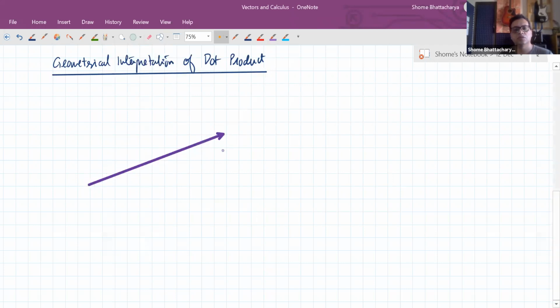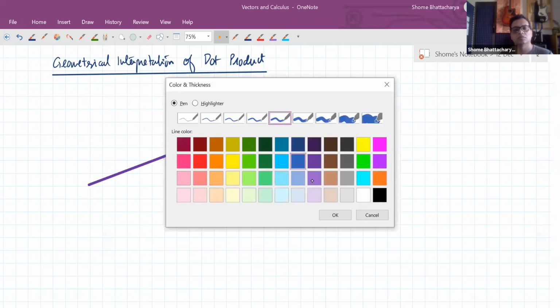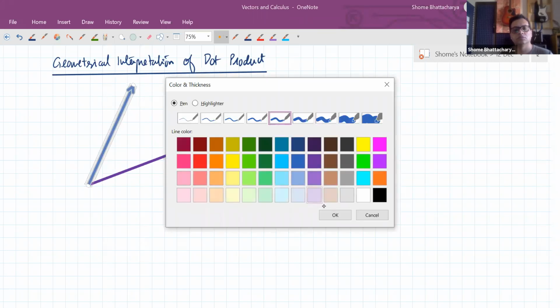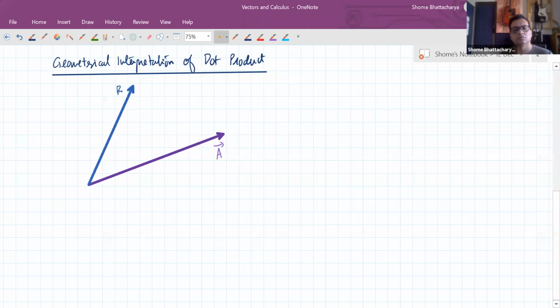Let's say this is the vector A, and this is the vector B, such that the angle between them is theta. Now we know that by definition, we just saw that A dot B is equal to AB cos theta.